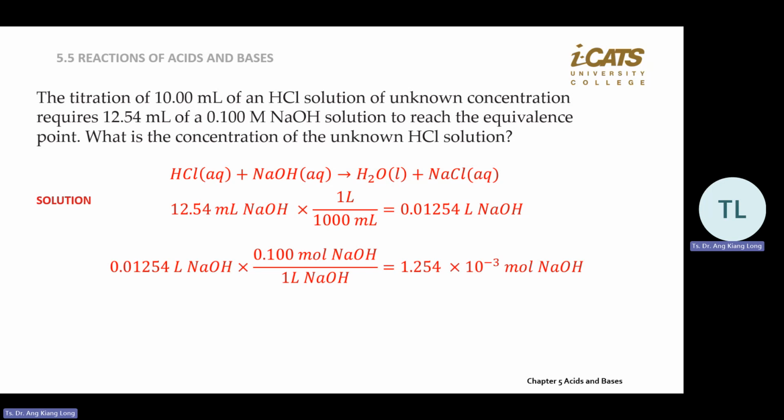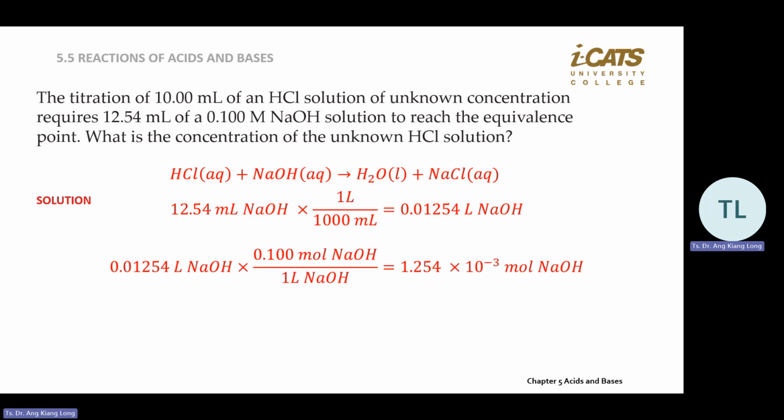My answer in the slide here might not be what I call acceptable. In the test you need to tell me what you are trying to calculate. For example, 12.54 ml equals X liter.